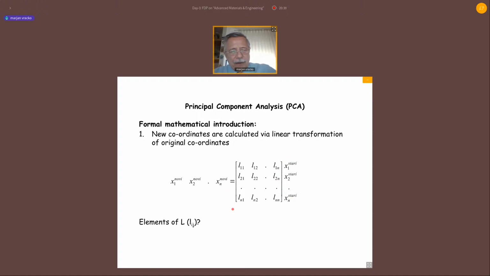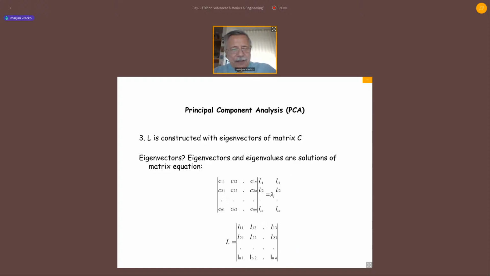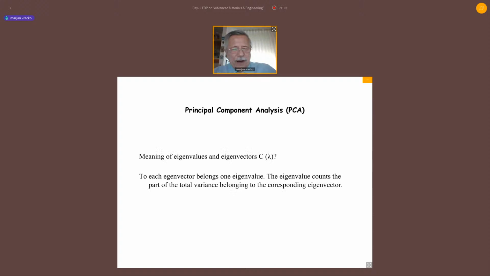But what are those elements of that matrix L? These are actually eigenvectors of the covariance matrix. So we need again a covariance matrix, and we must know some matrix algebra to calculate the eigenvalues and eigenvectors and put those eigenvectors into the matrix L. Then we can perform our linear transformation.